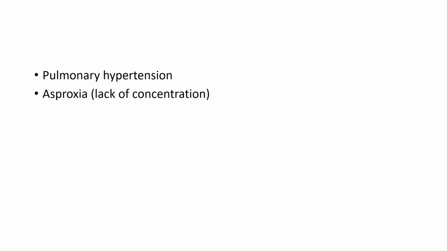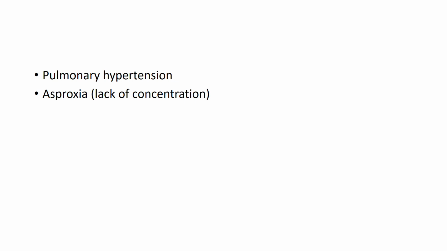Next, another general symptom is pulmonary hypertension. What happens here is, because of obstruction, the amount of air that enters into the lungs is less. The body thinks that there is not enough blood reaching the lungs, because in the resulting blood from the lungs, the oxygen level is less.